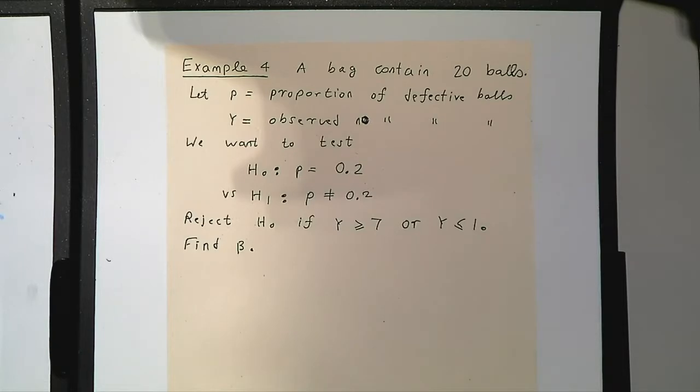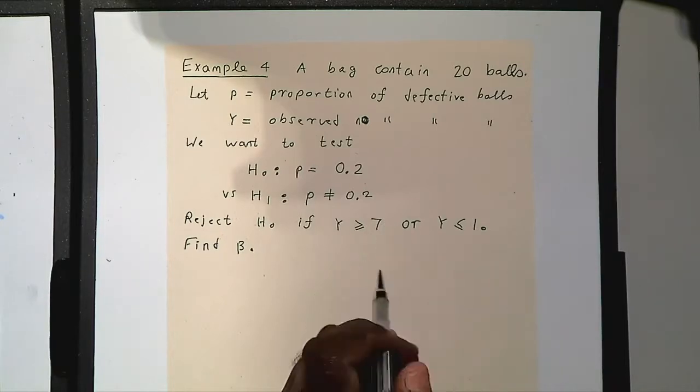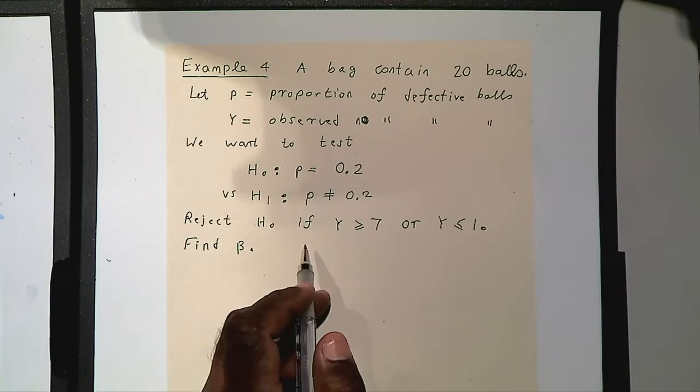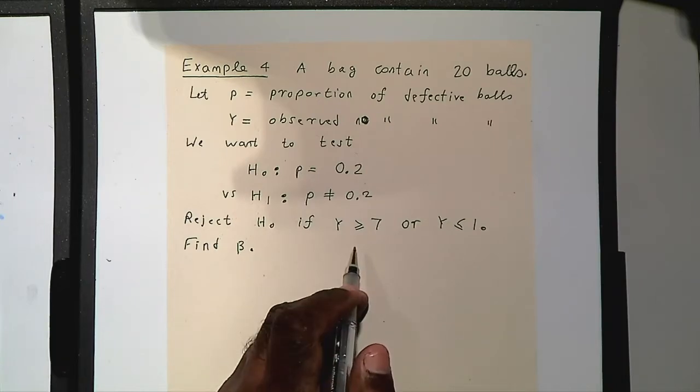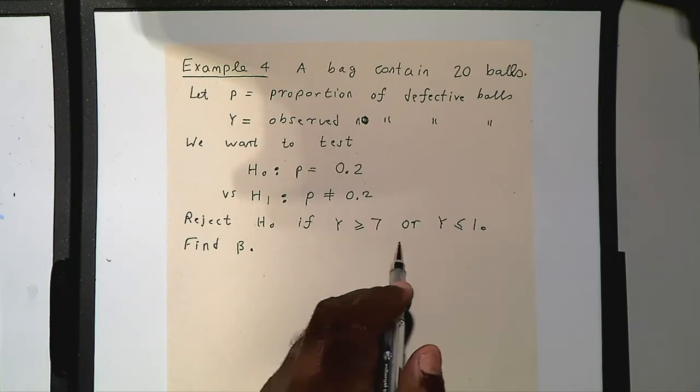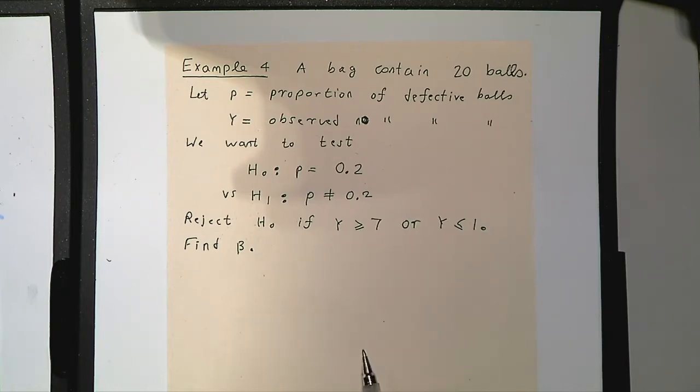So you have a bag containing 20 balls. Some of them are defectives and some are not. And so P is the proportion of defectives, Y is the number of defectives, right? And we want to test the hypothesis whether P equal to 0.2 versus P not equal to 0.2. And we will reject the null hypothesis if Y is greater than or equal to 7 or less than or equal to 1, right?